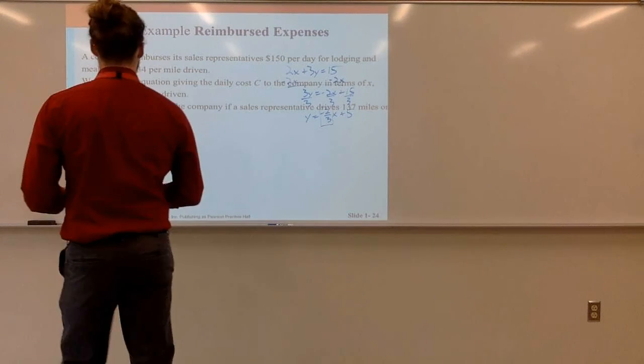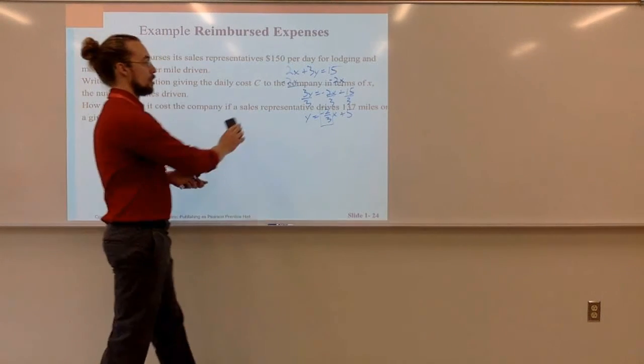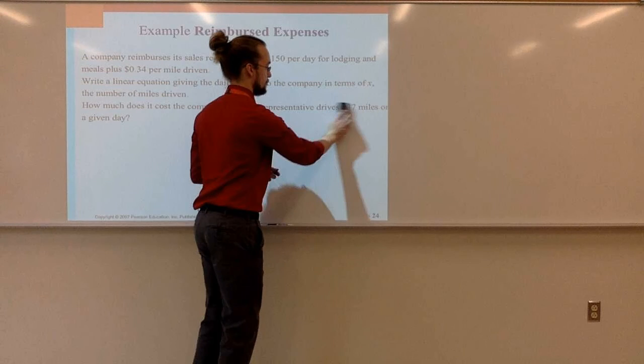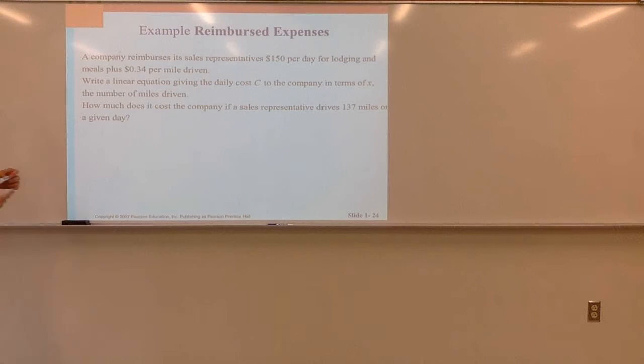Alright, how about a simple real life example here? A company reimburses its representatives $150 a day for lodging and meals plus 34 cents per mile. You want to write a linear equation to represent this situation and then figure out how much it costs the company if a sales representative drives 137 miles.